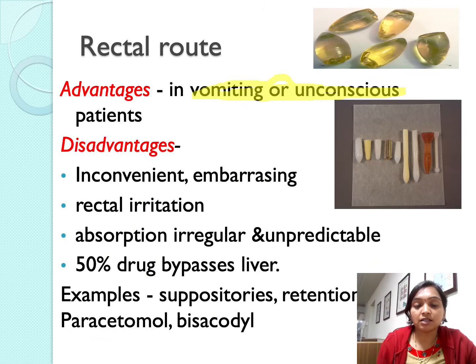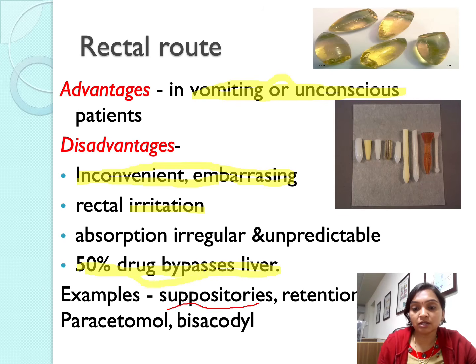Disadvantages: as it is a rectal route, drugs which will cause rectal irritation should be avoided. It is an inconvenient and embarrassing procedure, and the absorption cannot be predicted. 50% of drug is bypassed by liver, and examples are suppositories.